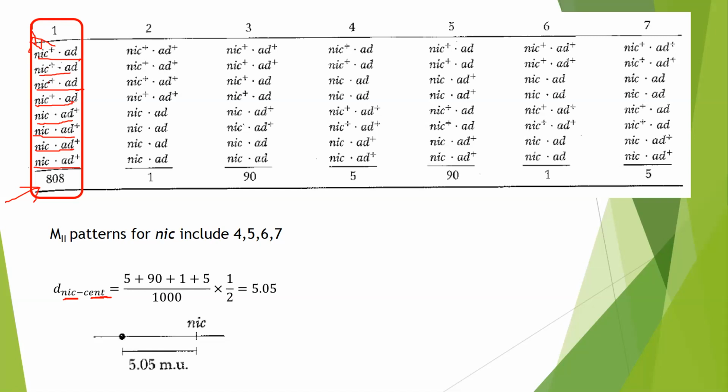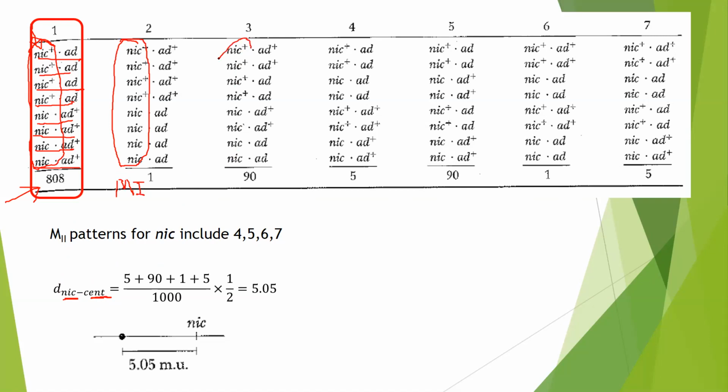We can use the M1 or M2 pattern to help us calculate the distance between the LIC gene and the centromere, right? We have learned that. All right, so if this is the parental type, what is this pattern? This is M1, right? We just look at the LIC gene. We leave the AD gene alone for now.